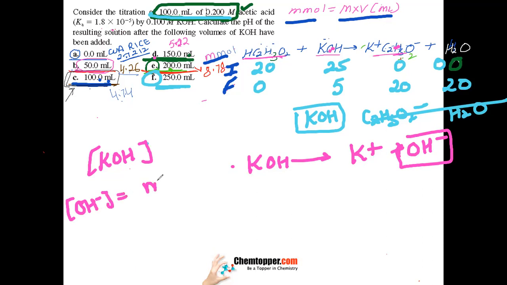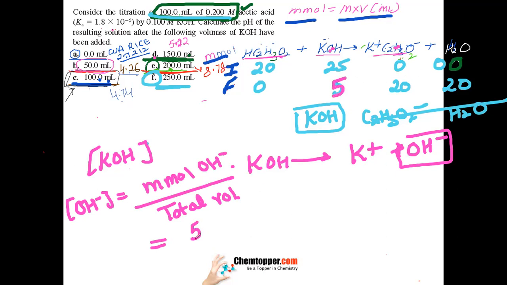It is the millimoles of OH minus divided by total volume. Do you know the millimoles of OH minus? Yes. How much? 5. What's the total volume? 250 plus 100. 350.